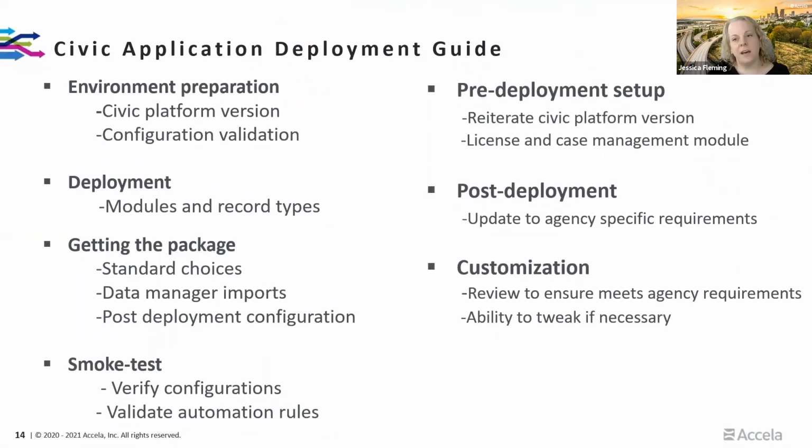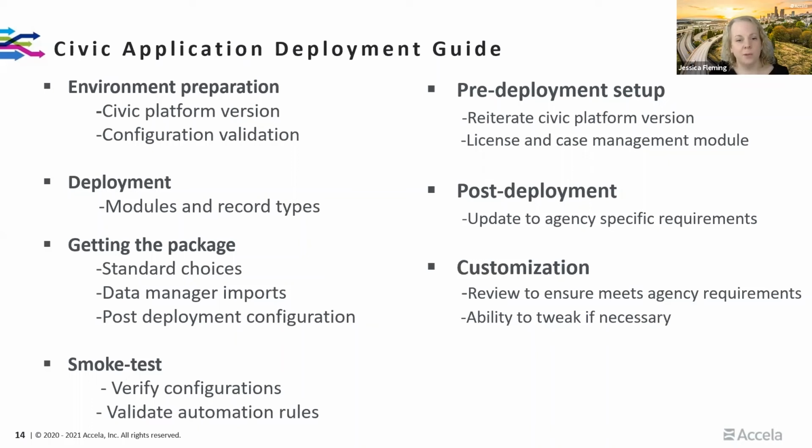This is a high-level overview of the Civic application deployment guide, with each of the sections and a little bit of information on each one. These cover everything from environment preparation, which is very important because you have to understand your Civic platform version, and your configuration validation, so we want to make sure that the Civic application is a good fit.